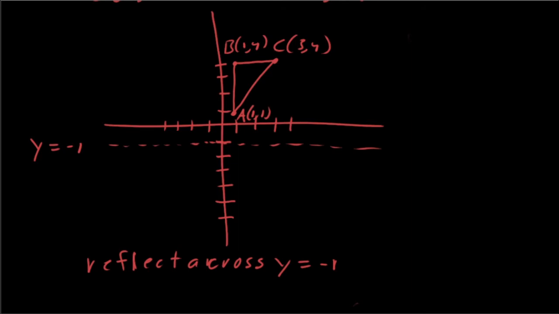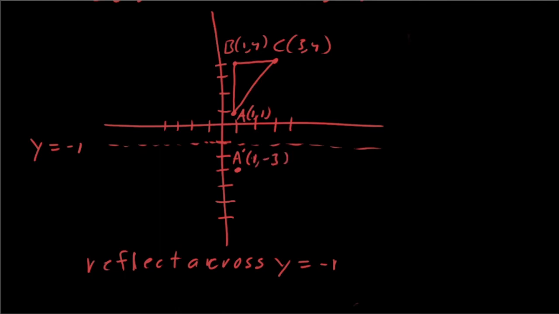Same deal, but now the x's are going to stay and the y's are going to change. So here A prime, the reflected one, is going to be 1, negative 3.